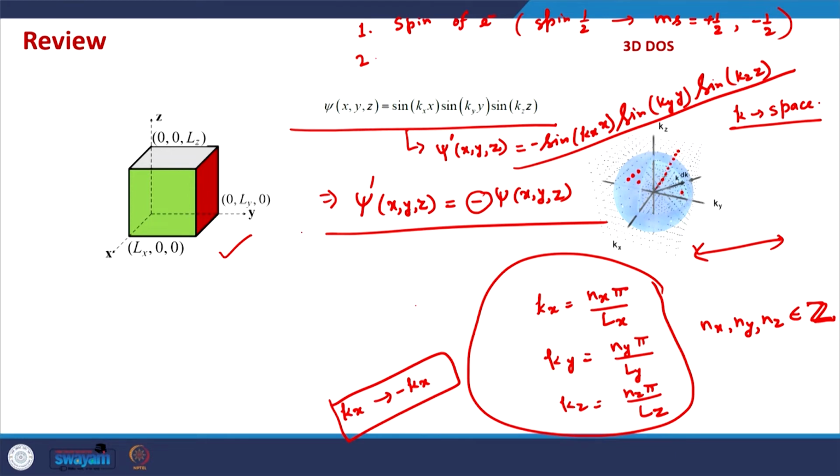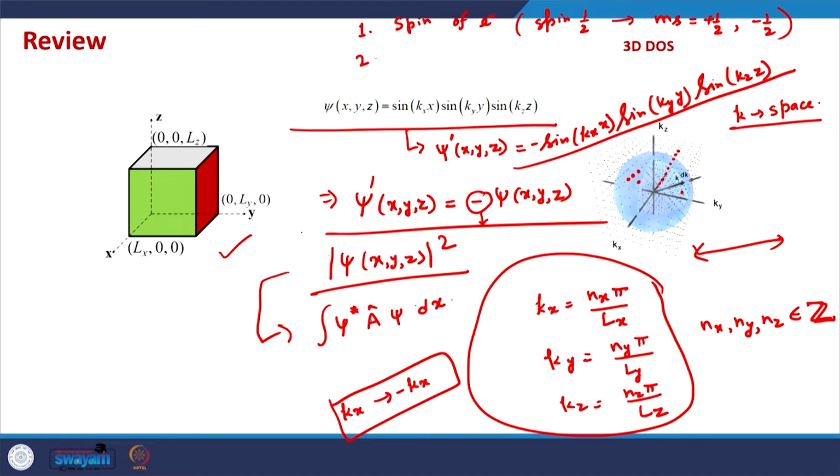And as we know from our discussion of the postulates of quantum mechanics, if there is a global phase, it does not make any difference to the probability density function of the system. This will remain the same. Also, it will not make any difference to the expectation value of any operator, over the entire volume.